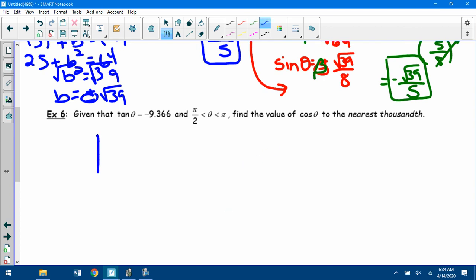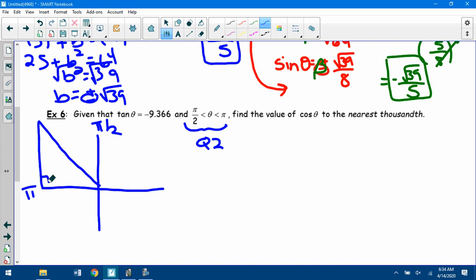What quadrant is this going to be in? Quadrant 2, because here's pi over 2, here's pi. I'm between there. They tell me that tangent is negative 9.366. So opposite over adjacent. Opposite, now is opposite going to be negative? No, you got to be smart about your negatives because that's going up. The adjacent must be the negative one.